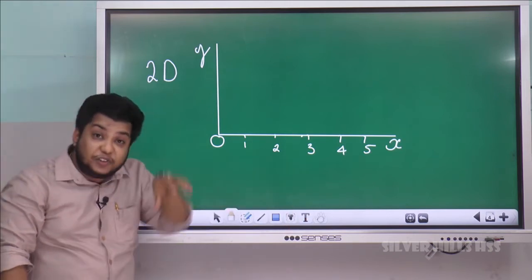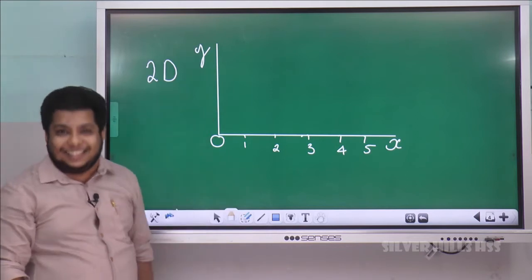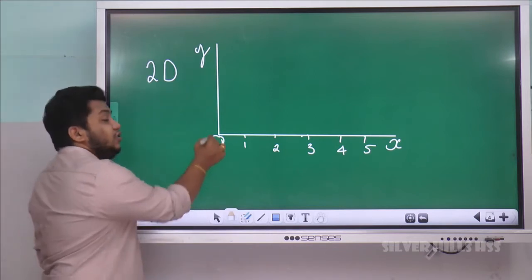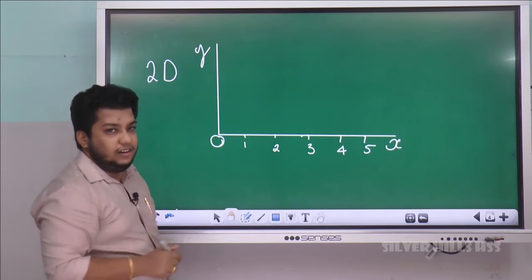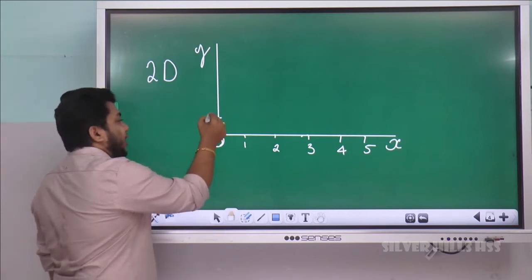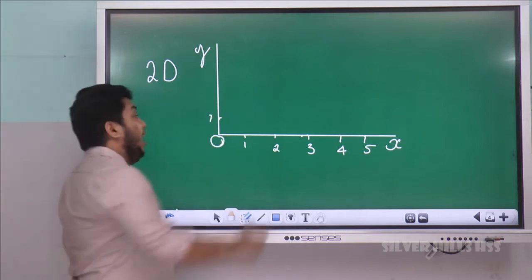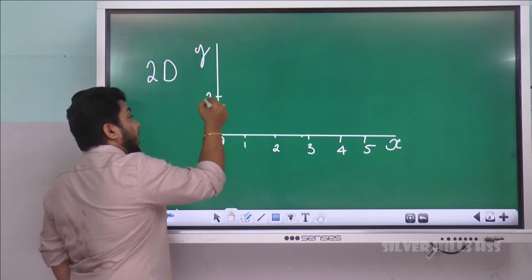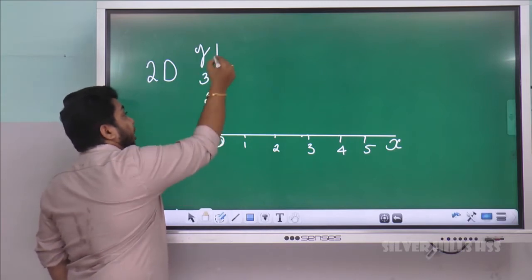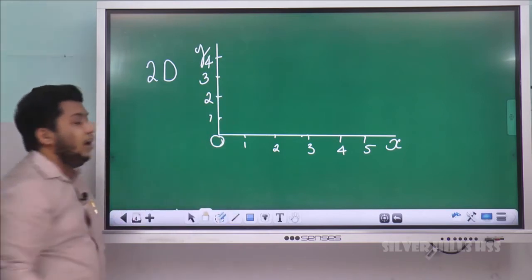Now we have to label the y-axis. This point is the origin, and the next point is treated as 1, the next as 2, 3, 4, etc.